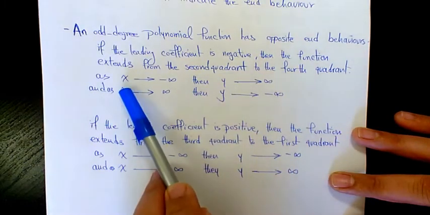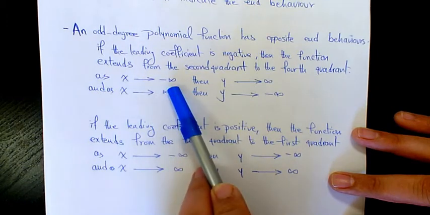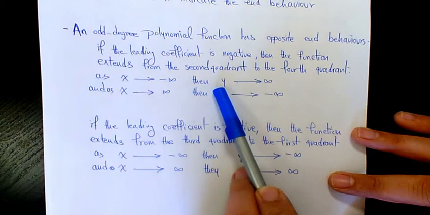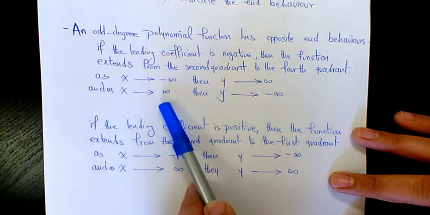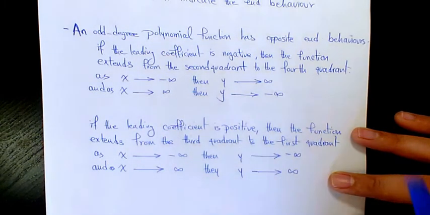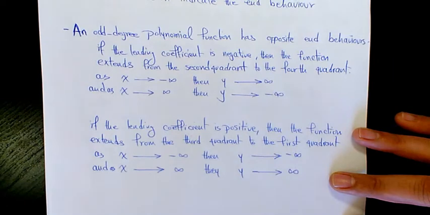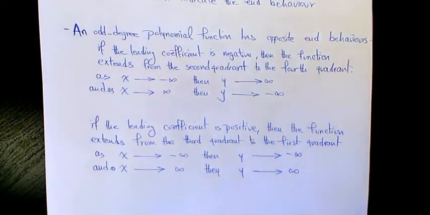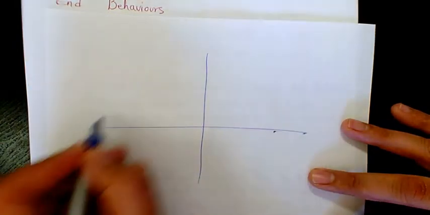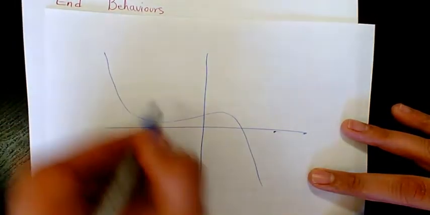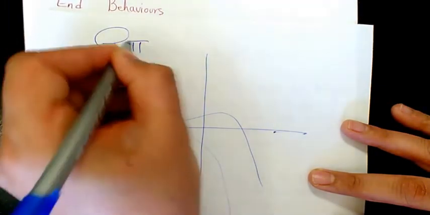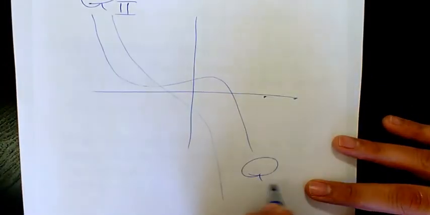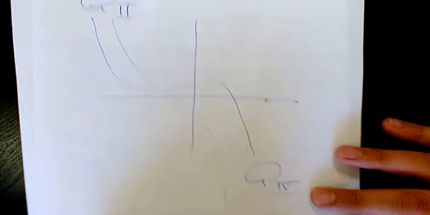It means that as x goes to negative infinity, y goes to positive infinity, and as x goes to positive infinity, y goes to negative infinity, which means it is going to be something like this, or something like this. So it goes from quadrant 2 to quadrant 4.